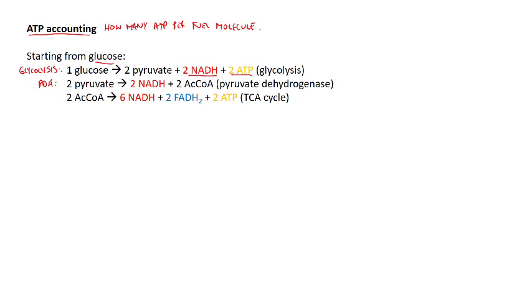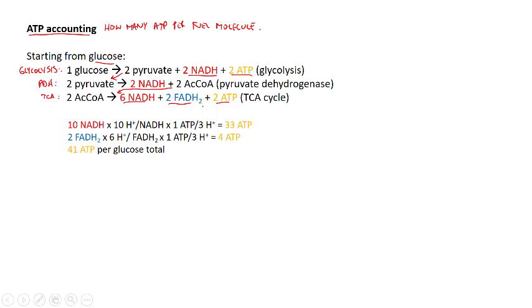Plus 2 CO2, but we're not going to be keeping track of that on this slide. And then those acetyl-CoAs go into the citric acid cycle, and we get 6 NADH and 2 FADH2 total, and 2 ATPs total.